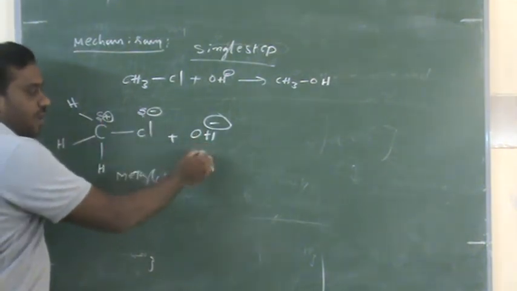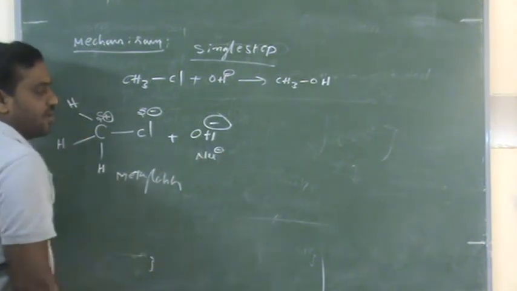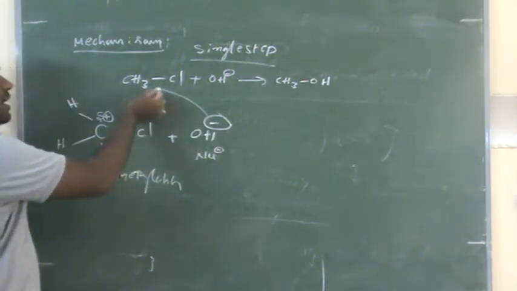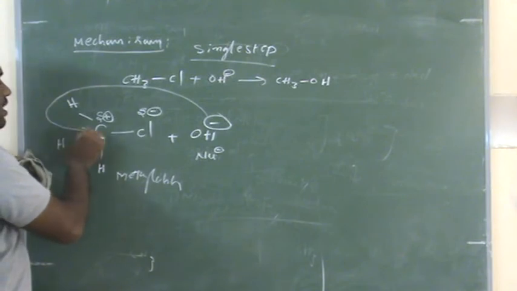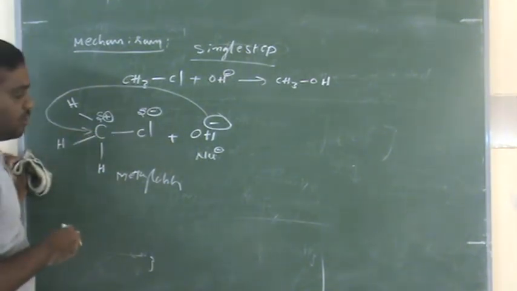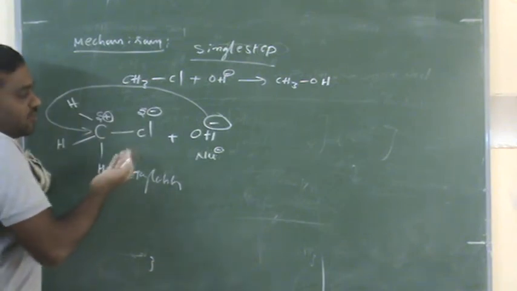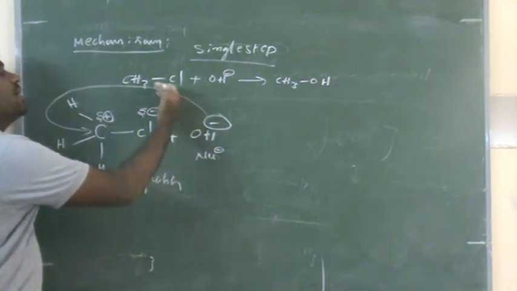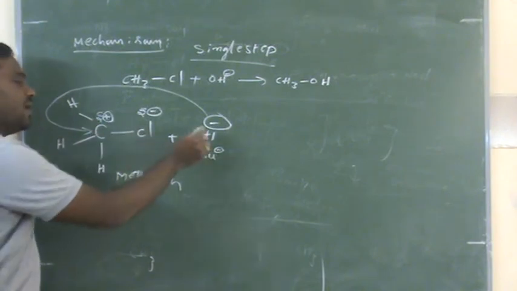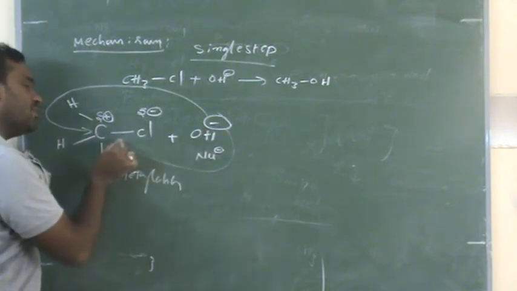So this nucleophile, we know why, because it has excess of electrons. This nucleophile can go and attack the electron deficient carbon atom. I can clearly show you why this nucleophile is going from here and coming here. Why can't the nucleophile come and attack like this?